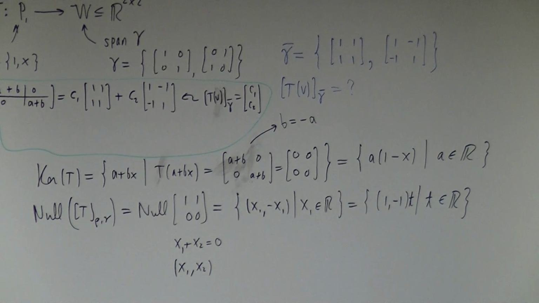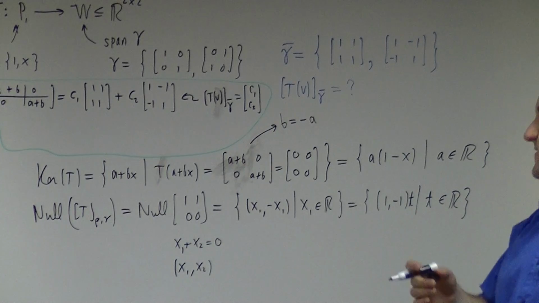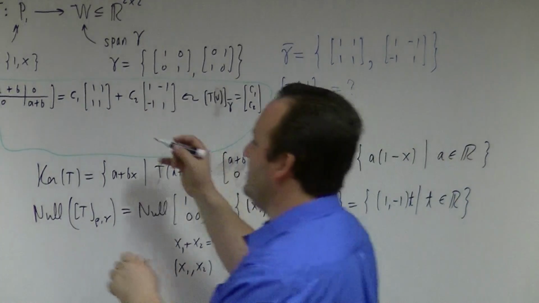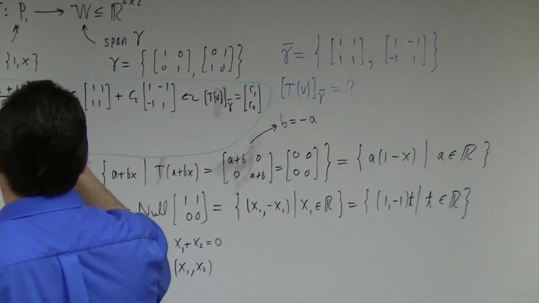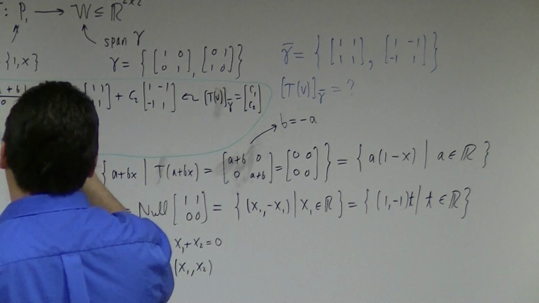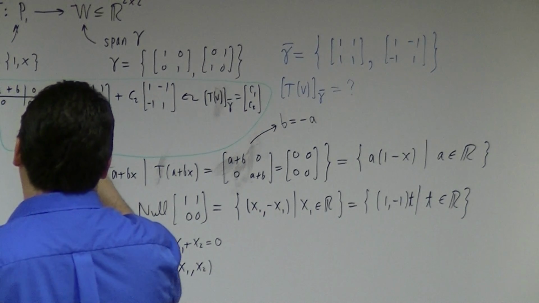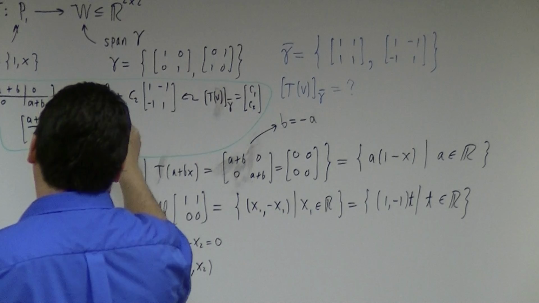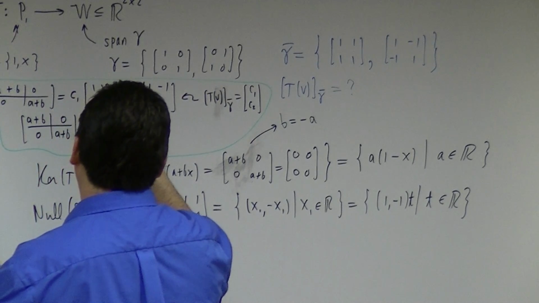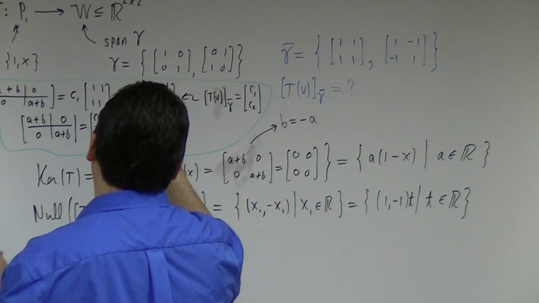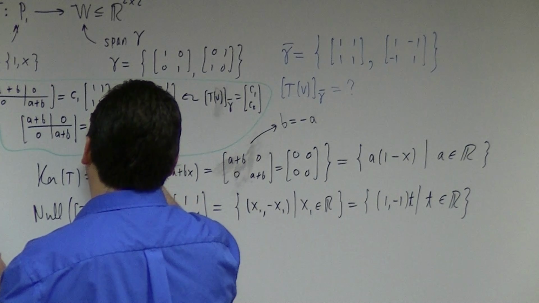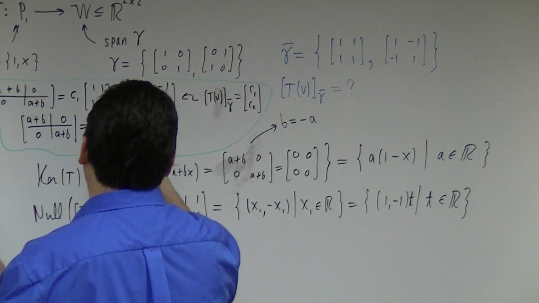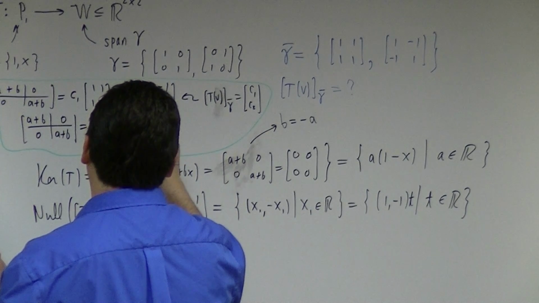Help me, if the coordinates are the same, I'm going to scream. Look, you guys, don't be scared, this isn't that bad. You just gotta work it out, right? So we got C1 plus C2, C1 minus C2, hey, that's nice. What do the off-diagonal components of these equations tell you?